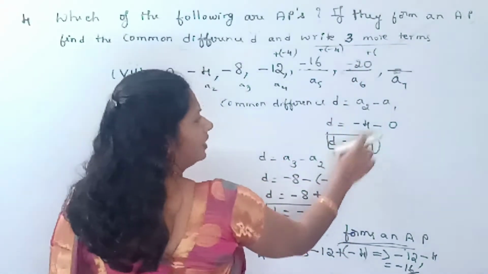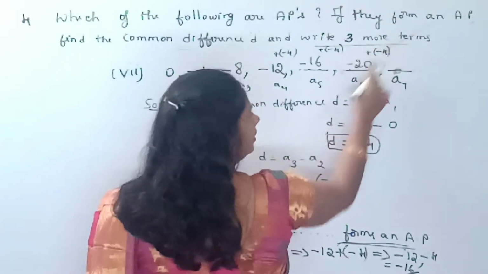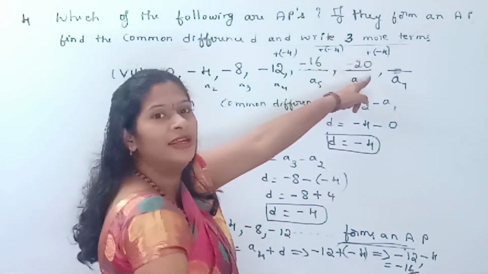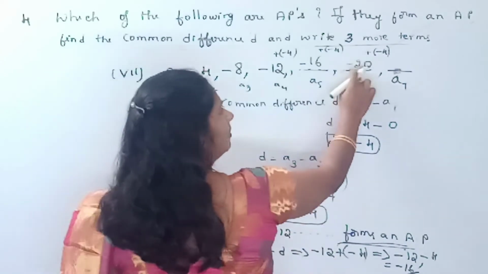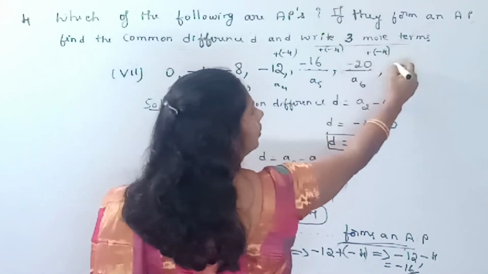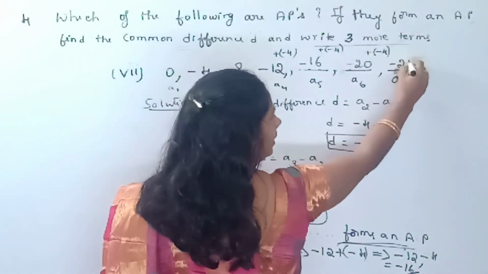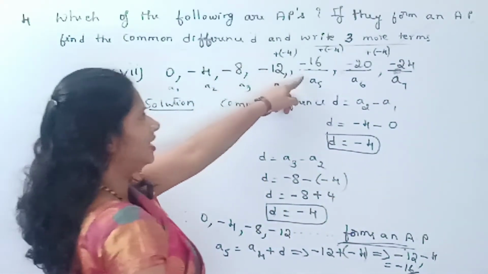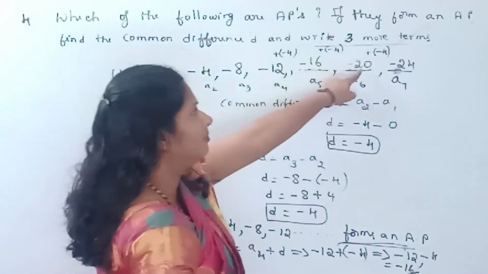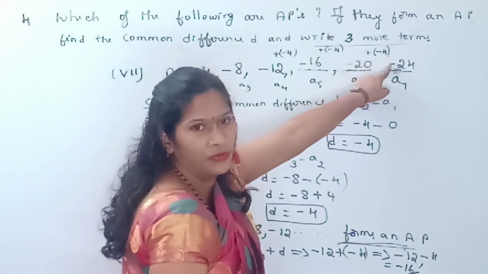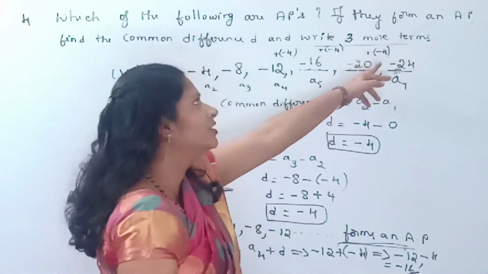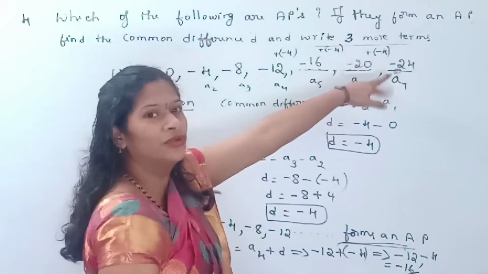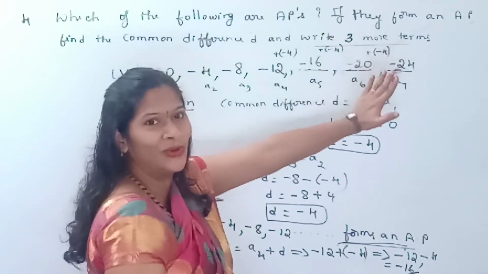What is our common difference? -4. Add the common difference to 6th term. You will get 7th term, isn't it? So -20 -4. So 7th term is -24. Therefore, next 3 terms are -16, -20, -24. If they ask 8th term, so -24 -4, it is -28 and so on.